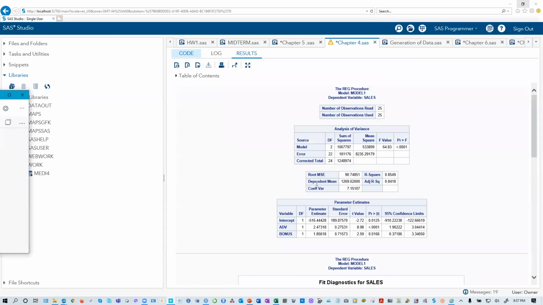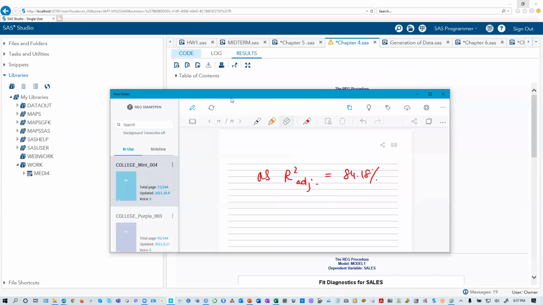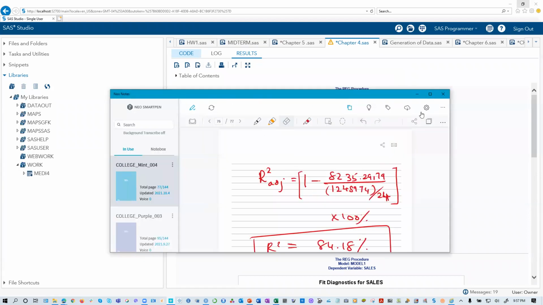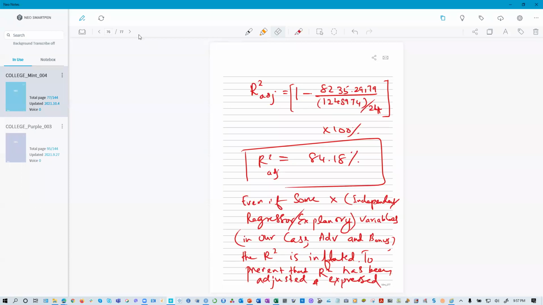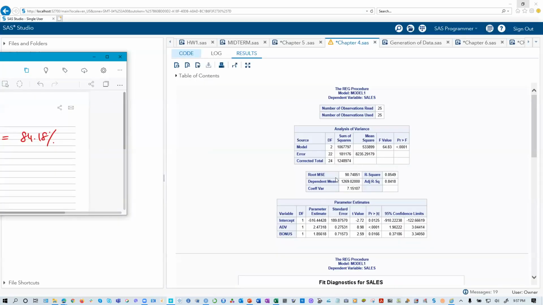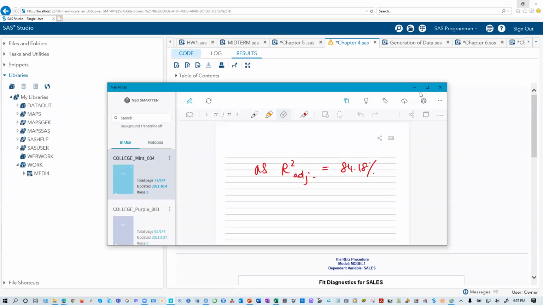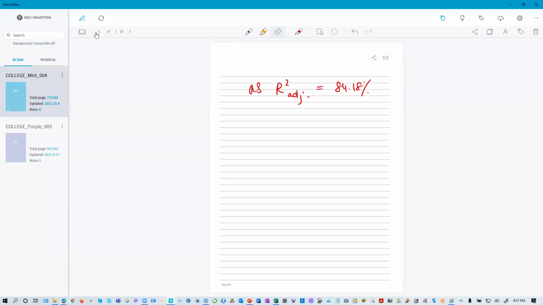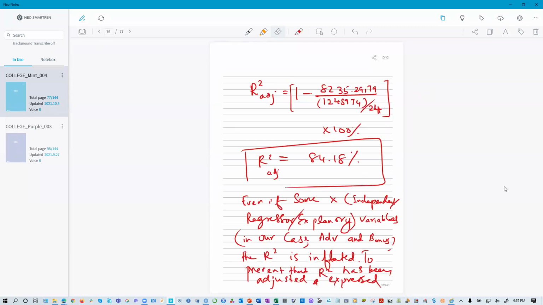Root mean squared error is another goodness of fit measure. I'm going to write here another one.